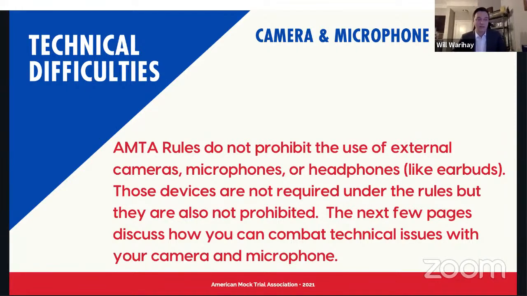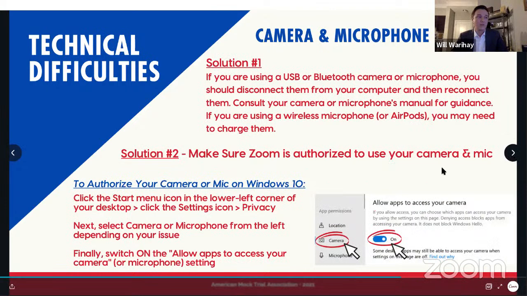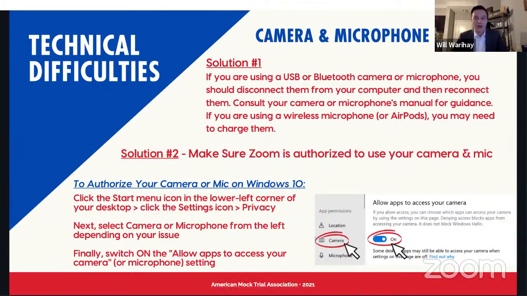The next few slides, I'm going to talk about how to adjust and pre-plan for some issues that we've commonly encountered with cameras and microphones. First, solution one: if you are using an externally connected device, either some sort of microphone or camera that's plugged in through a USB or Bluetooth, usually the easiest fix is to disconnect and reconnect those devices.